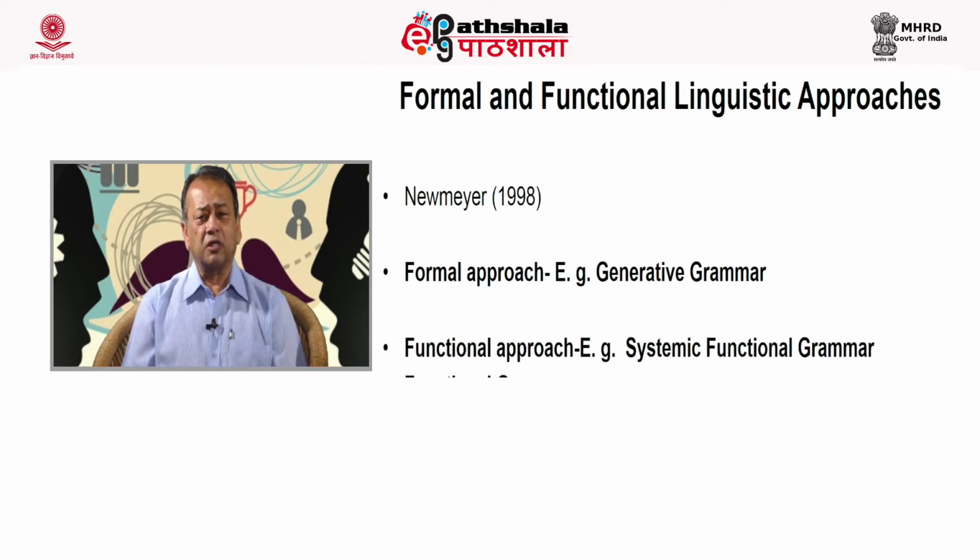One of the best known is Frederick Newmeyer's 1998 book. Apart from these, the literature is replete with discussion of the relation between formal and functional theories. In the Learn More file of the present module, you will notice the large number of references given there. You should be able to find your way through them.